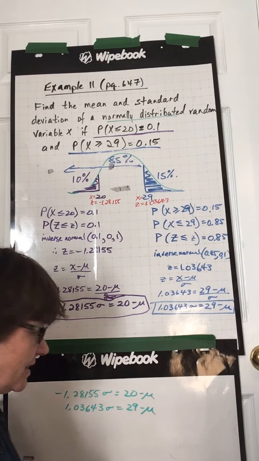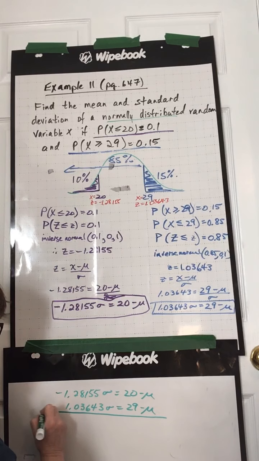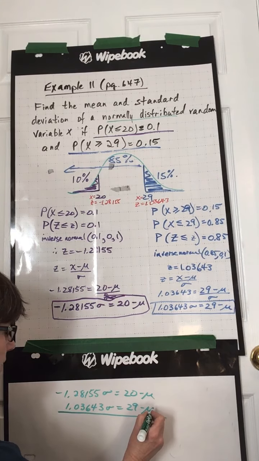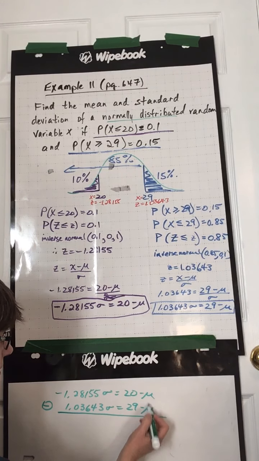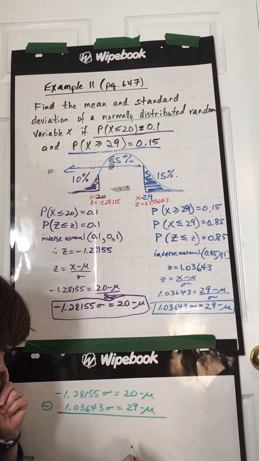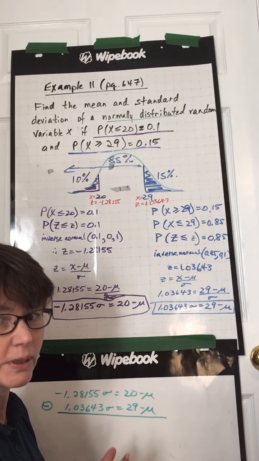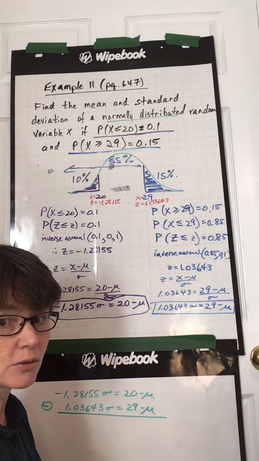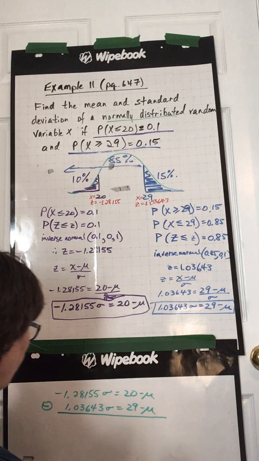Okay, can you guys still see that? I think you can. So I'm going to subtract these two equations, because if I do that, then the mu will be eliminated. Two equations, two unknowns, simultaneous equations. You can choose to use substitution instead, or you can use elimination like I am.